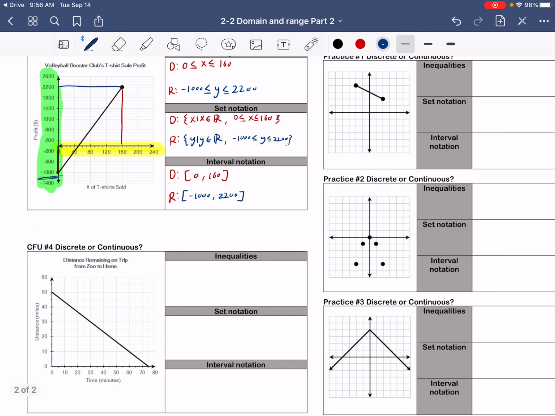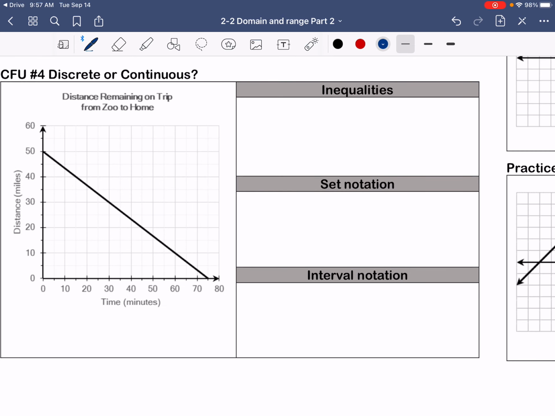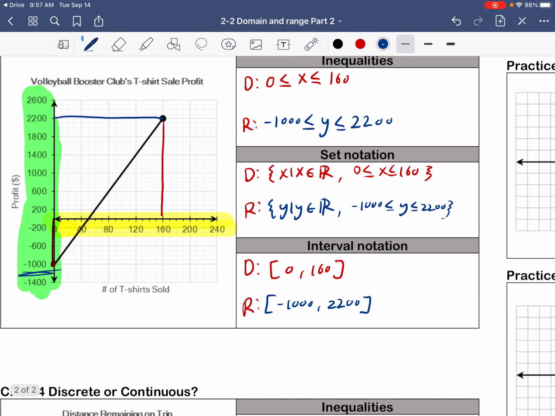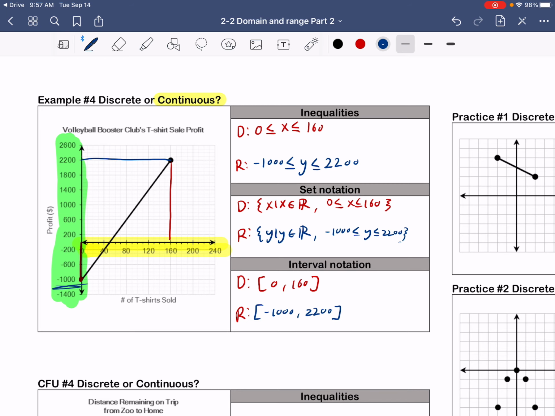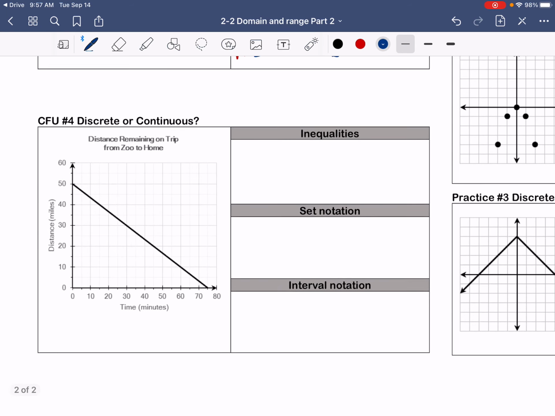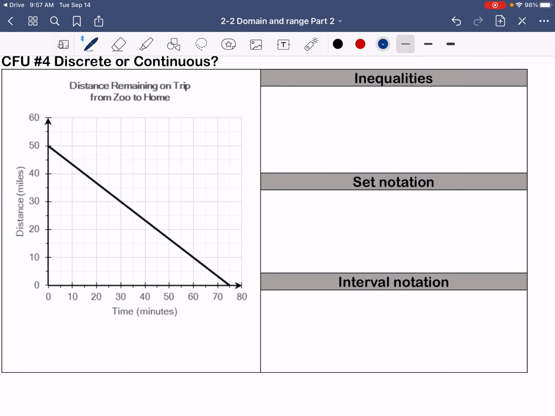So try this question by yourself now. Now pause here. If you need to copy, just pause the video and now do this. Pause the video and try it by yourself. I'm done. In case you made a mistake, domain is gonna be not 50 to 75, it's 0 to 75.